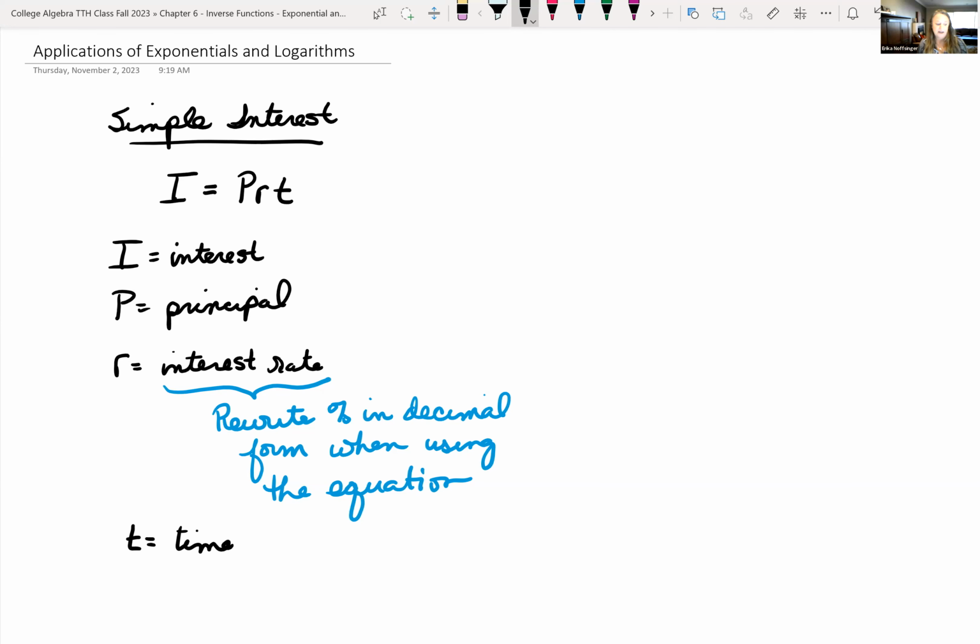And that theorem is where we have compounding interest. So if your interest is compounding, so compound interest formula.